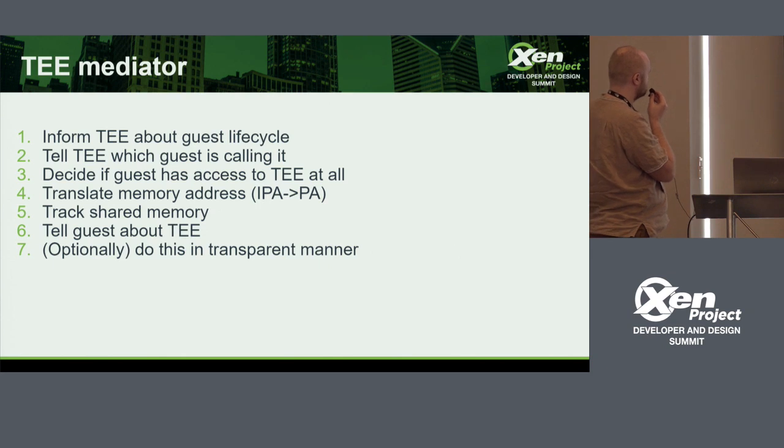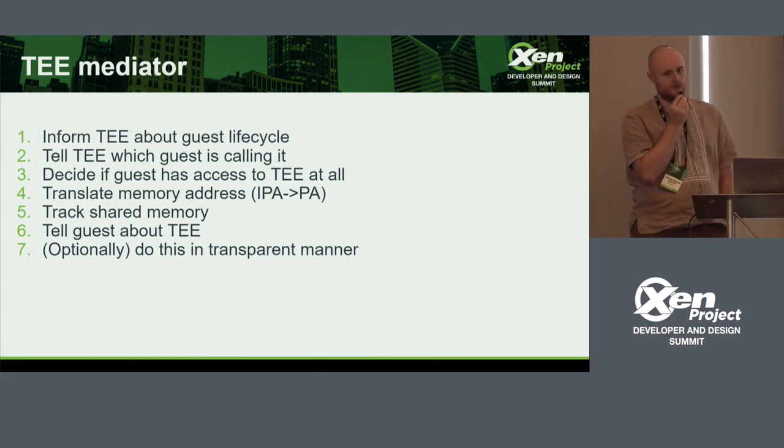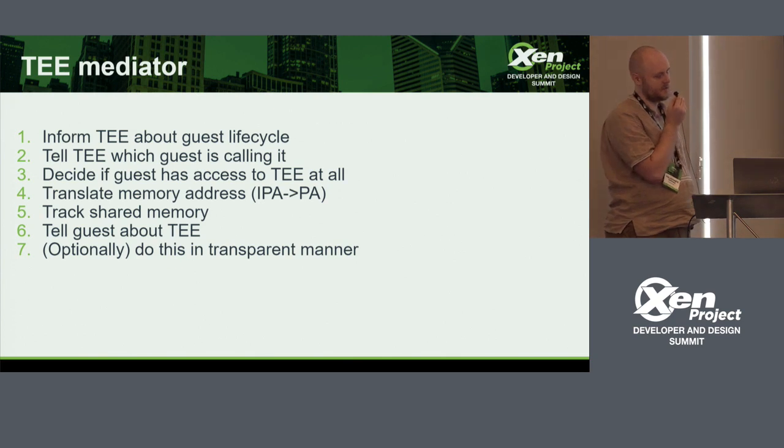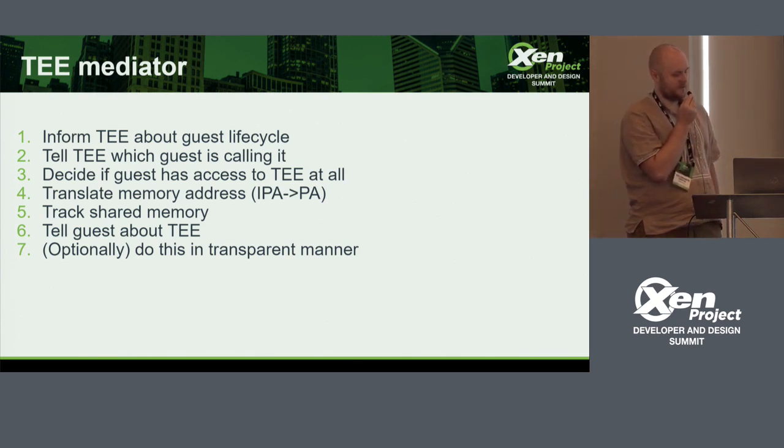At first, we need to inform OPT about guest lifecycle. Basically, we need to tell OPT when a guest is being created or when a guest dies, so we can free all resources for that guest.